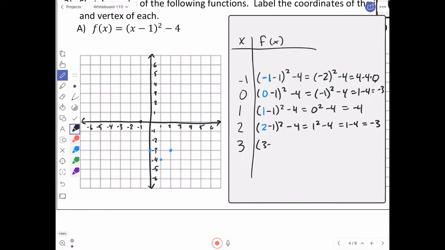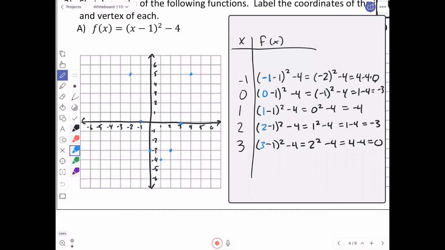And 3 minus 1 squared minus 4 is 2 squared minus 4, which is 4 minus 4, which is 0. And if I did 4, that would make 3 squared. 9 minus 4 would be 5.